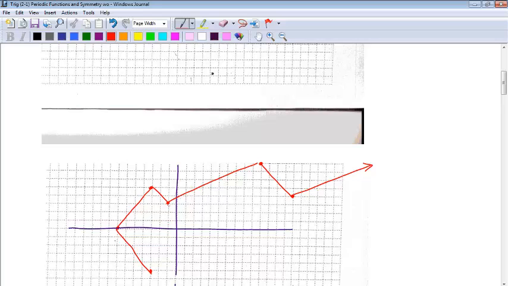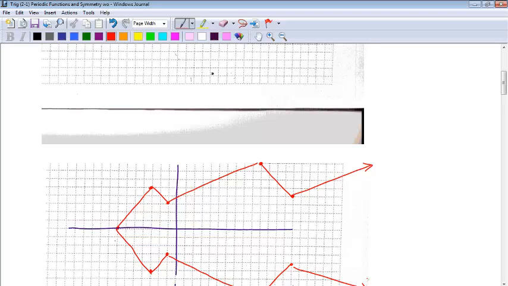On this one, if I go up 3, go down 3. On this one, I went up 2, 4, 6, 8, so go down 2, 4, 6, 8. And this one, I went up 4, so you got to go down 4. It's got to be symmetrical. So you end up with a graph like that.